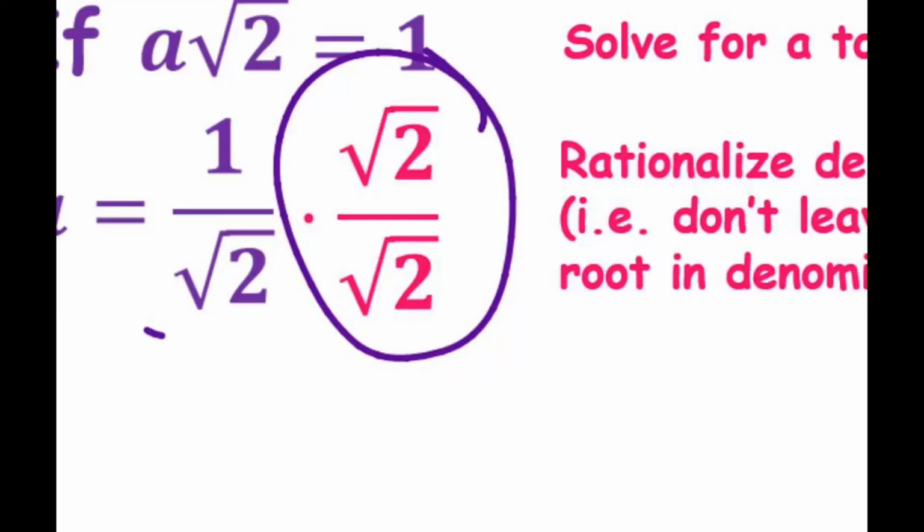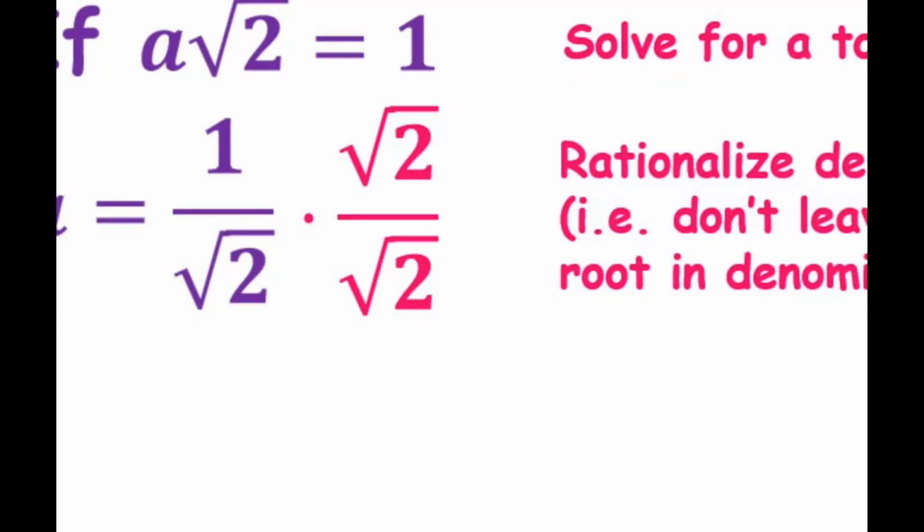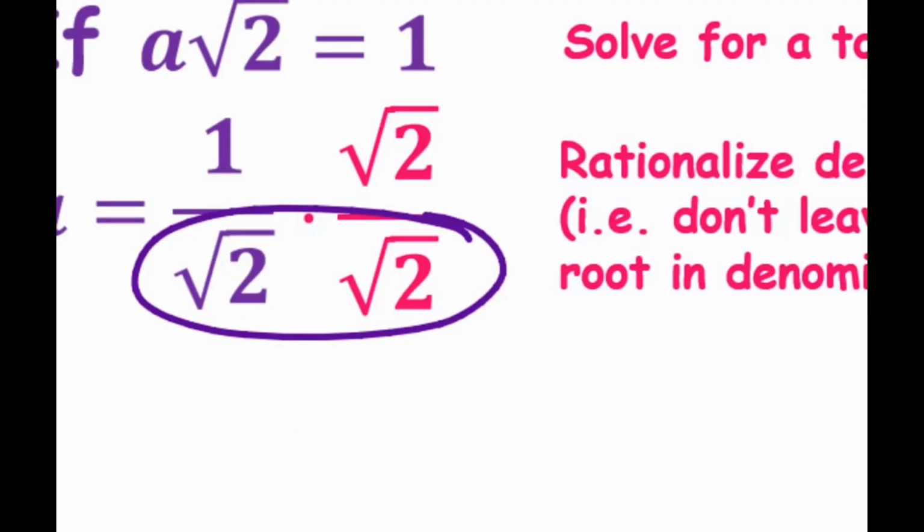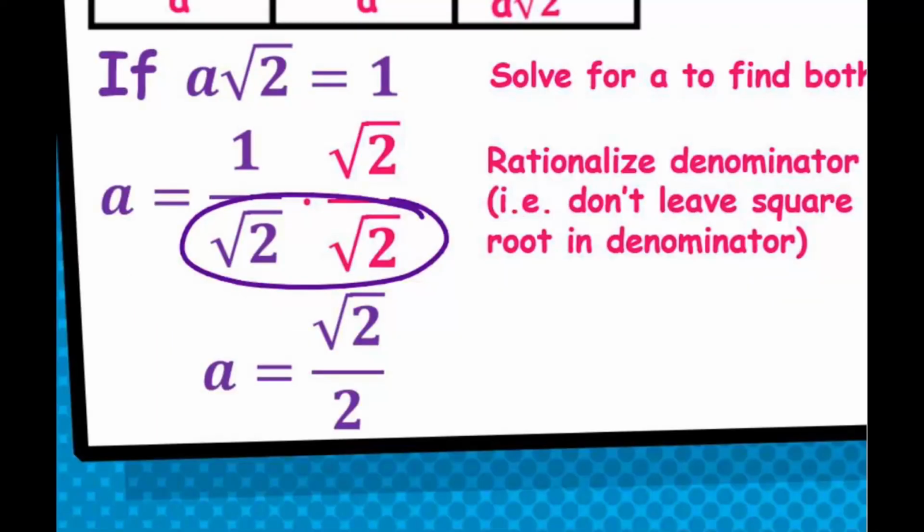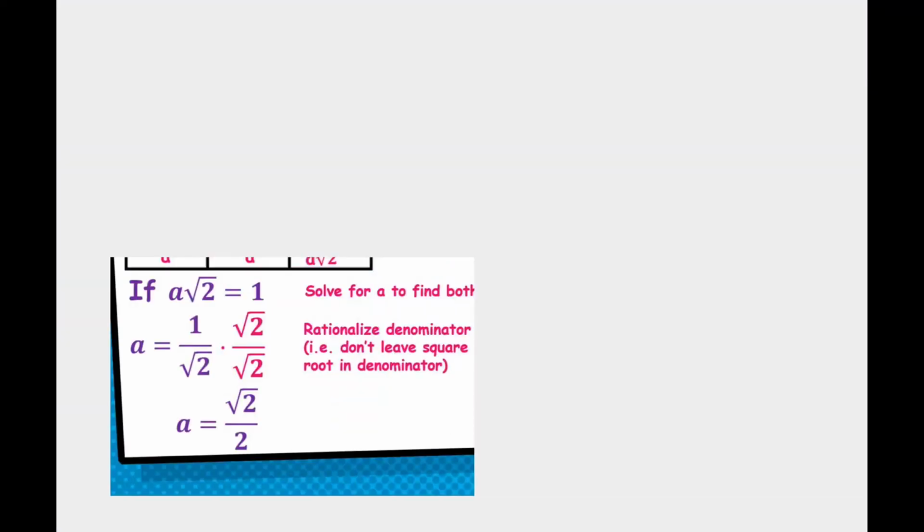So I'm not changing the value. I'm just multiplying 1 over square root of 2 by 1, but specifically rewriting it as square root of 2 over square root of 2, so that when I multiply the denominator, if I multiply a square root by itself, it cancels the square root. And I get something like this.